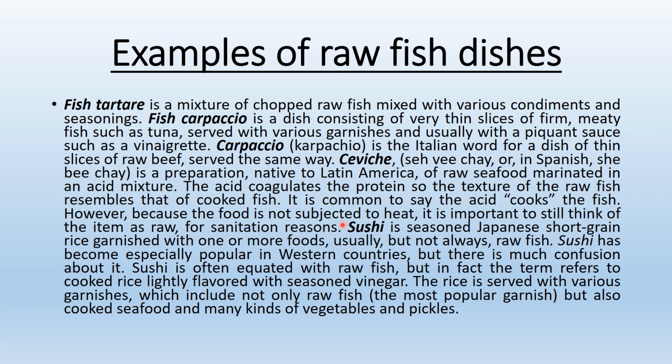And the last one, the sushi. Sushi is a seasoned Japanese dish which is made with short grain rice, garnished with one or more seafoods. It contains raw fish, sometimes salmon, tuna.